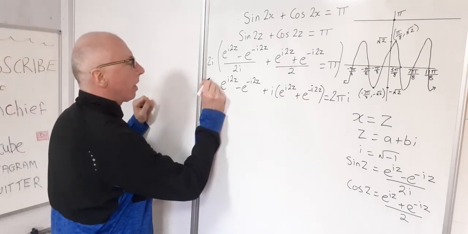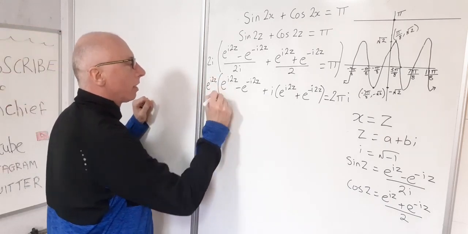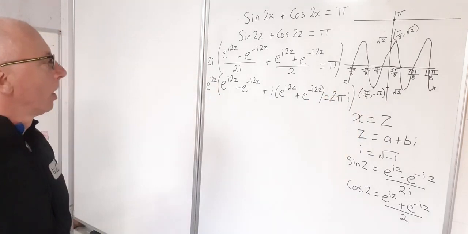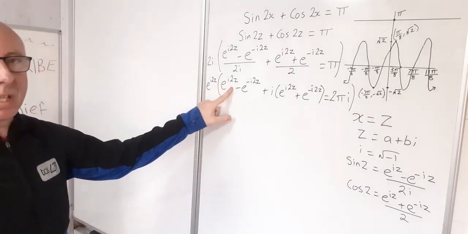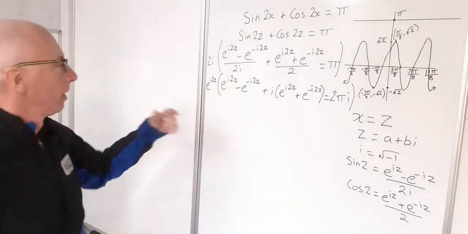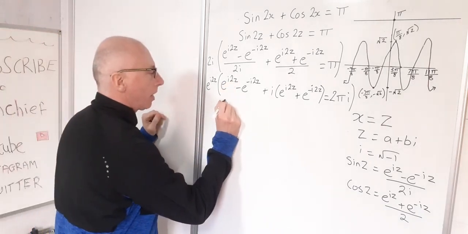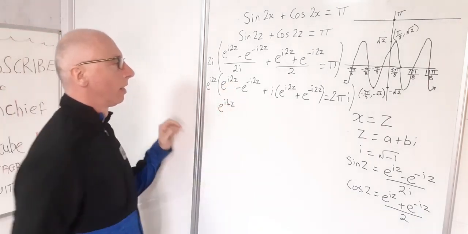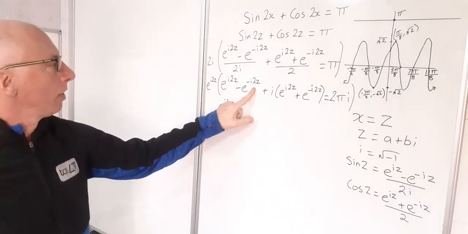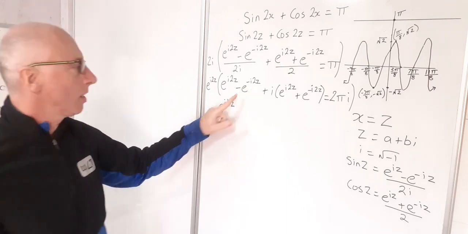So e to the i2z times by everything in this equation. Okay, times this with this, that's going to give us e to the i4z. So e to the i4z, and then multiply that by that, I just get 1, but then I've got a minus sign here, so I've got minus 1.